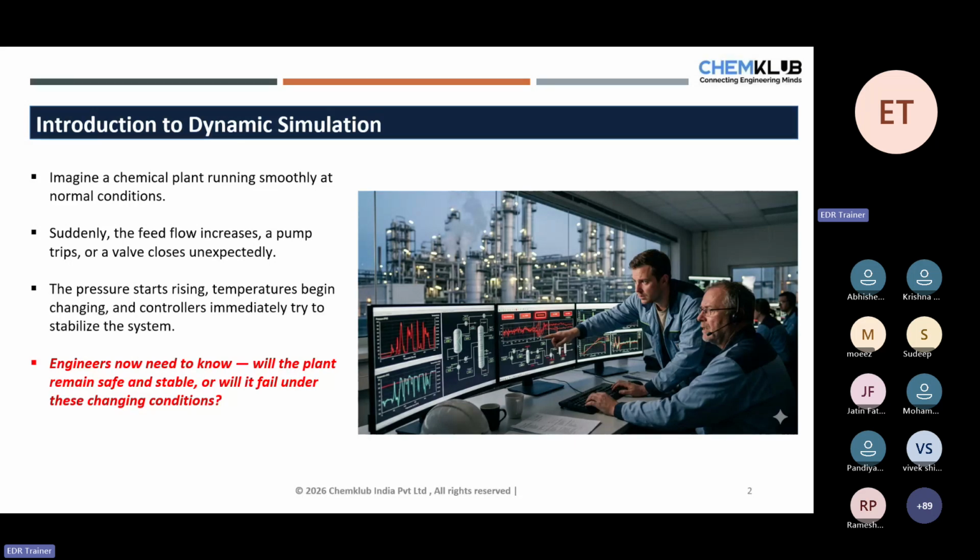So what happens next? The plant does not instantly jump to a new stable condition. Instead, pressure begins changing gradually. Temperature starts drifting. So it follows basically a transient path. It doesn't say, this is my new condition.